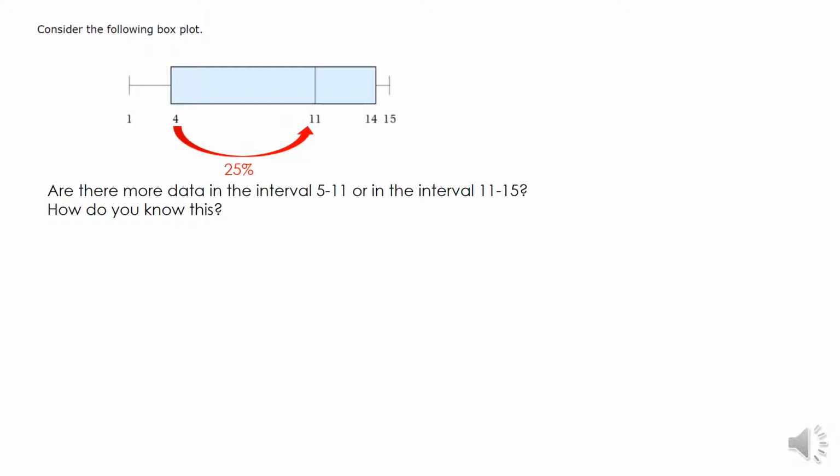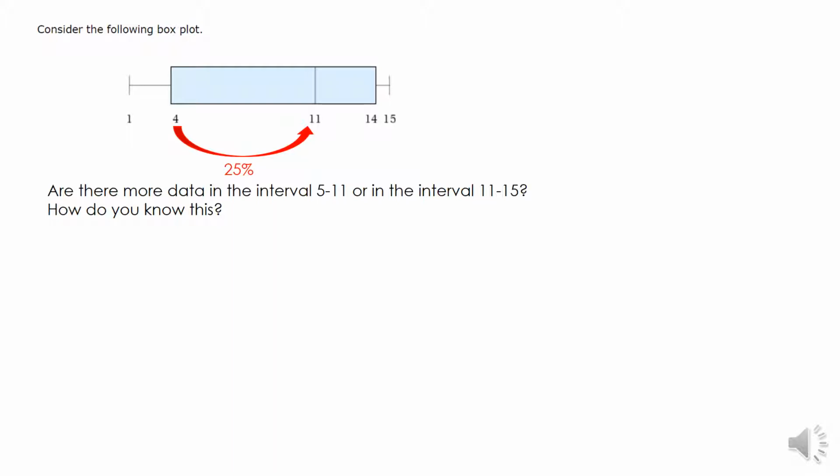So exactly 25% of the data must lie between those 2 points. Since the interval 5 to 11 is contained within those 2 numbers, the interval 5 to 11 contains less than 25% of the data.